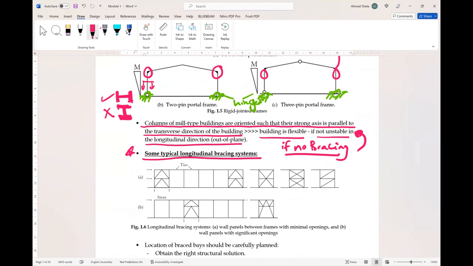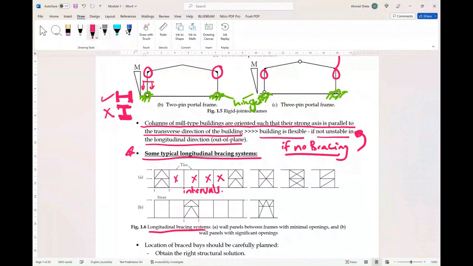As we will see later, we need to use bracing in intervals. So not here, not here, not here. We don't need to use bracing in every bay. So we use the bracing in intervals.